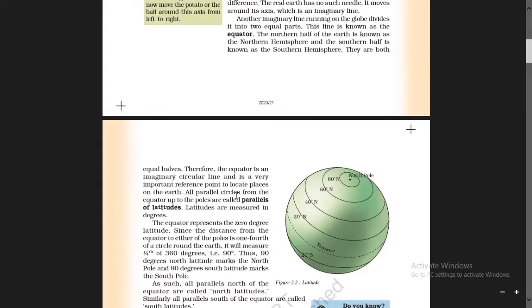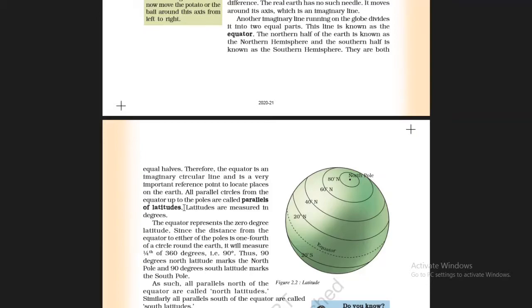All parallel circles from the equator up to the poles are called parallels of latitudes. I think you might have learned parallel line, straight line, curved line in your mathematics.